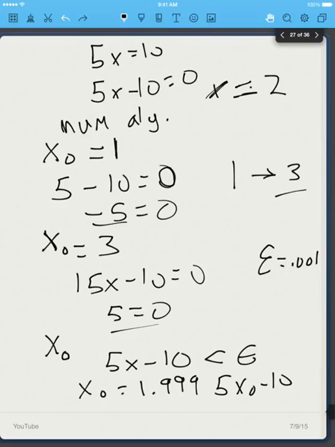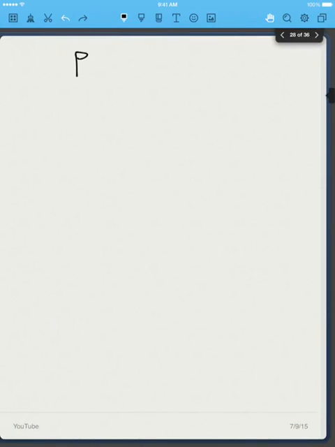So I know that I'm close to the solution of my problem, which is 2. Really what I'm trying to say here is that this is the foundation of numerical analysis. We look at a problem. This is part 1. And part 2, we say we don't know the solution.